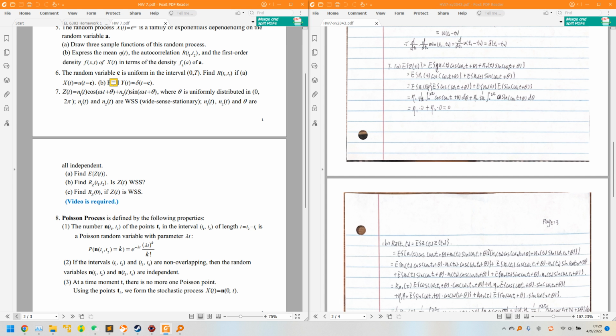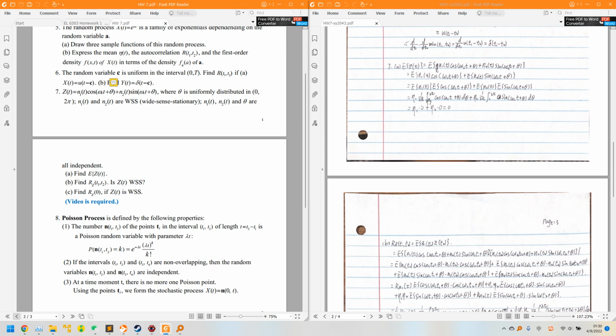For the first expectation, it is eta n1, and for the second expectation, we use the integral from 0 to 2 pi. For this one, the expectation is eta 2, and for this sine part, we need to use the integral from 0 to 2 pi.